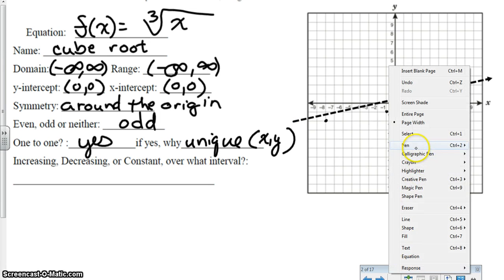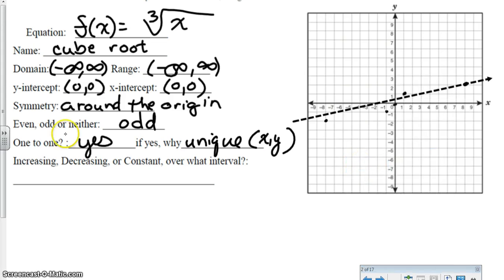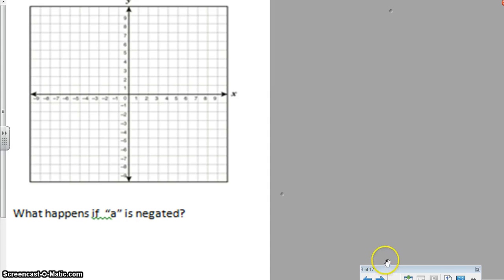So this is an increasing function. And the interval, of course, is, that's right, the full domain from negative infinity all the way to positive infinity. Great.